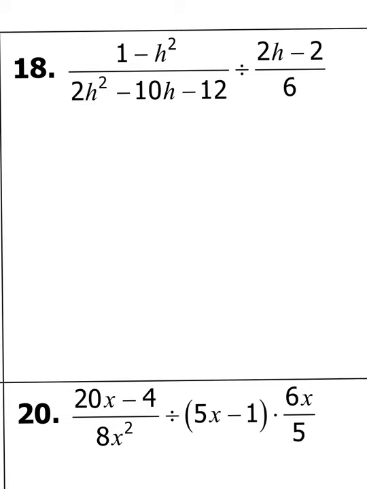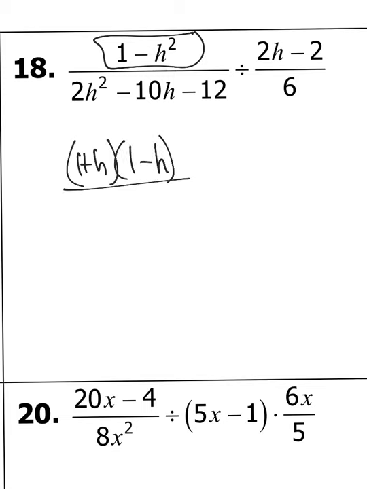All right, now for 18, I see difference of squares. So I get 1 plus h, 1 minus h. On the bottom, I'm going to factor out a 2. And if I factor out a 2, I actually get an easier to factor trinomial.